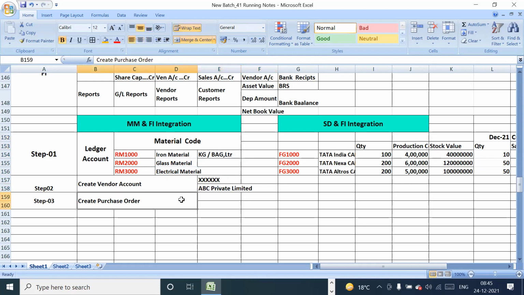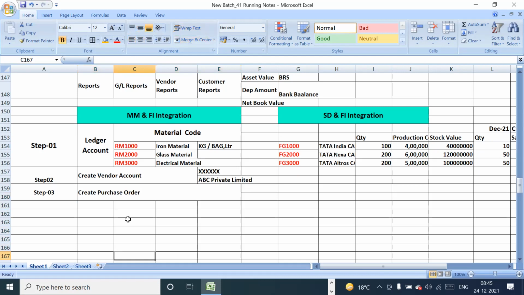Okay. Then we'll go on to create the purchase order. What can we do while creating the purchase order? We have to specify to whom we are going to raise the purchase order and which material we are going to specify, meaning which material you want.